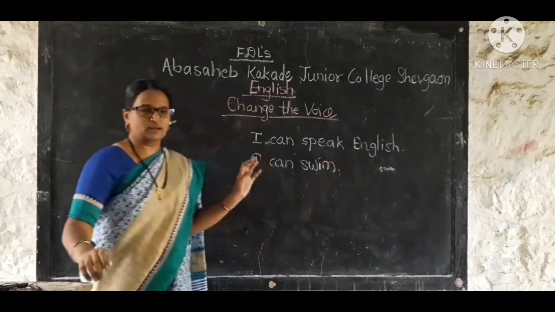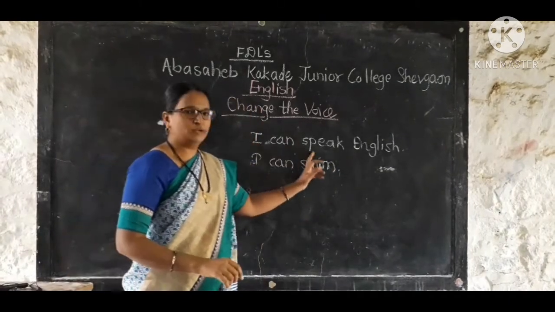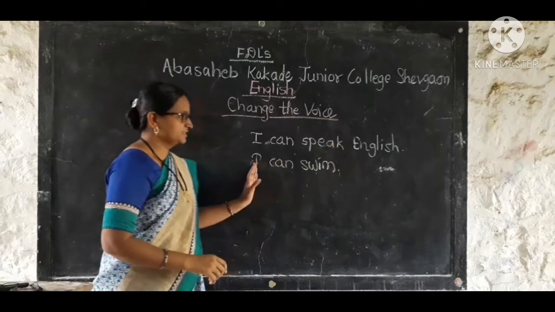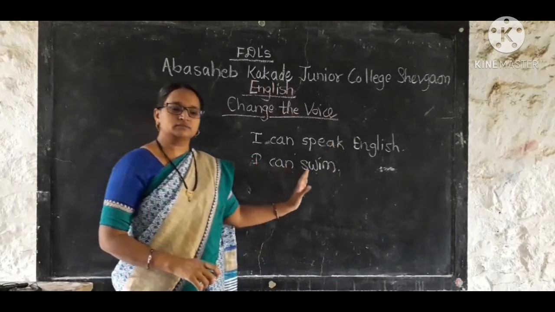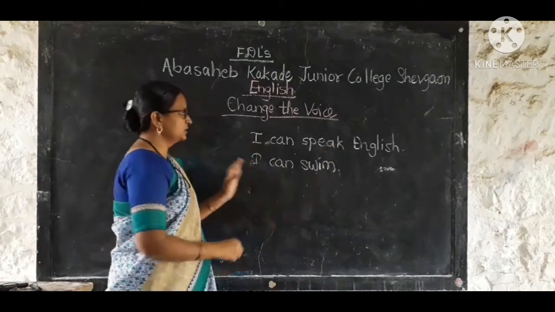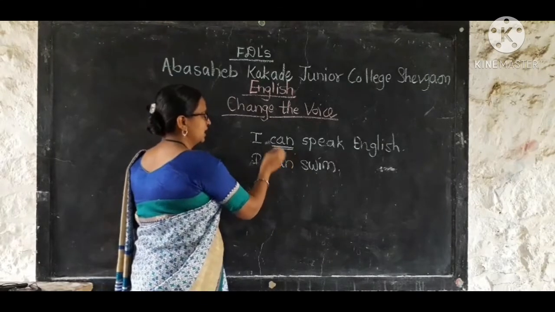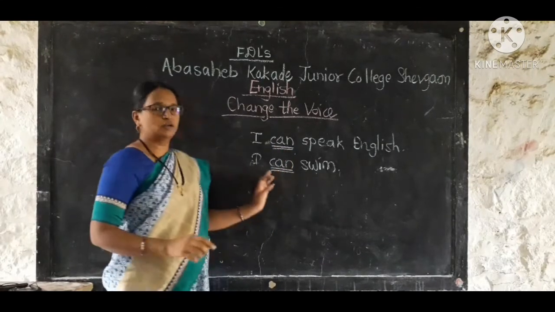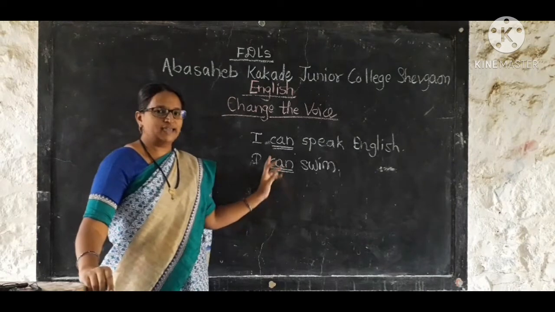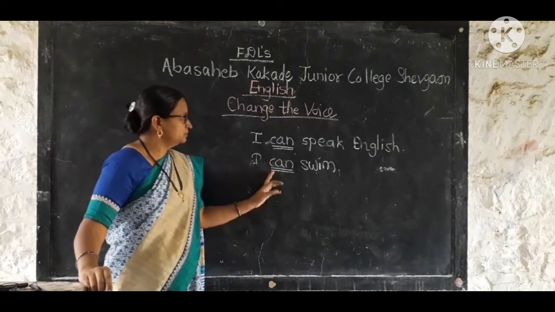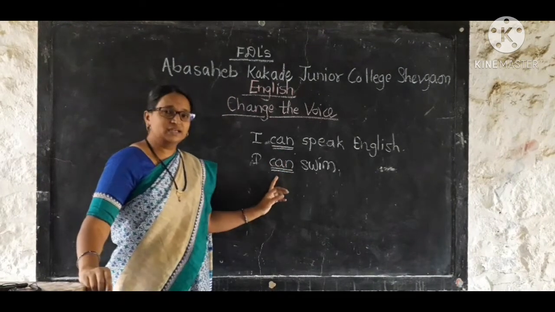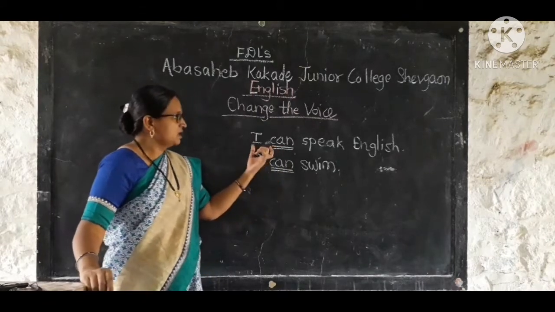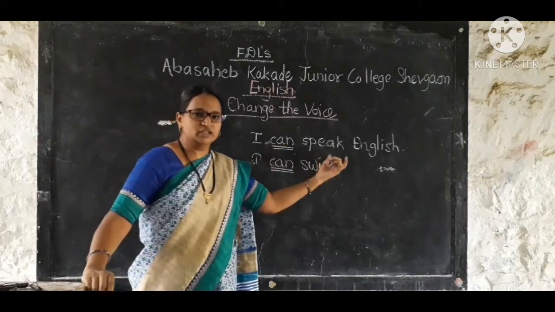See these two examples. I can speak English. Second example, I can swim. Now in these two sentences we have the use of modal auxiliary, and that is can. Now what does it indicate? See, first sentence, I can speak English.